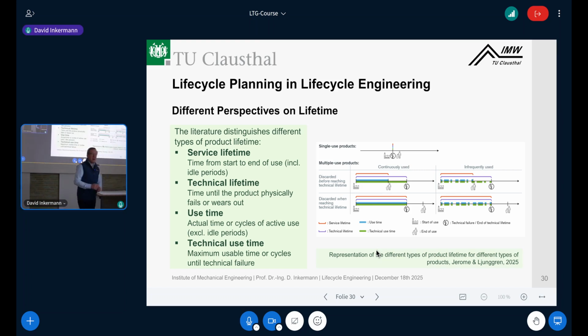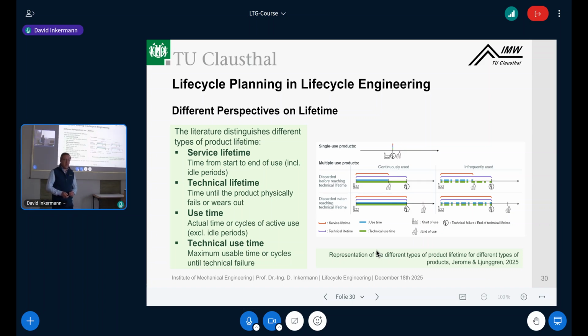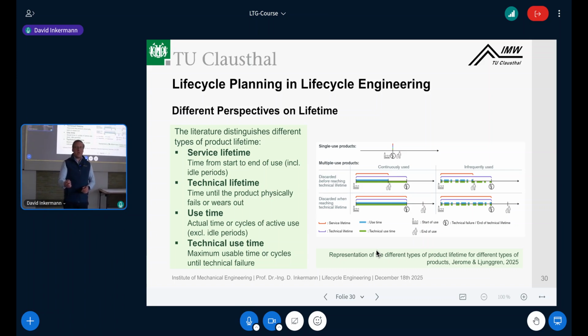So one part is based on this very generic understanding, we have two different lifetimes. And I would in the first place like you to pay attention to the figure on the right-hand side. You see different bars, and the blue one is the use time. So how long are you using a product? And the green one is the technical lifetime. So just from a technical viewpoint, how long is the product able to perform?